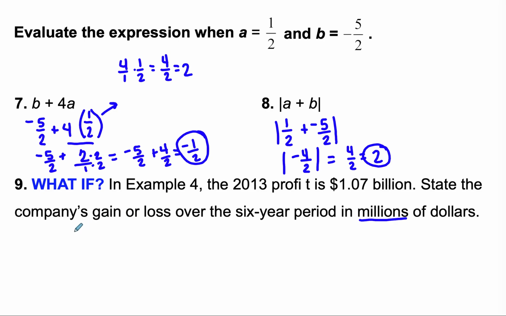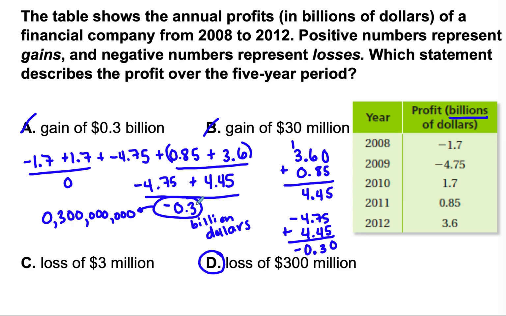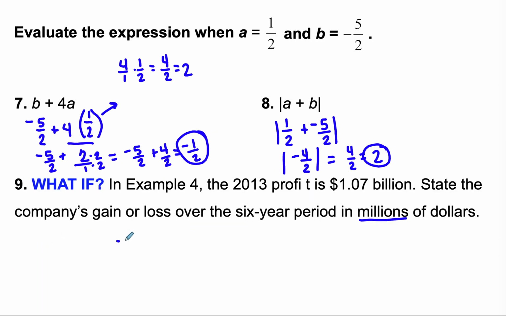So they're asking us to not only add, but then to convert it into millions. Okay, which we can do. We saw on that last one, let me go back for a minute, that it was -0.3 billion. So that's where we left it, -0.3. And then we need to add that $1.7 billion. Okay, so that's the problem.